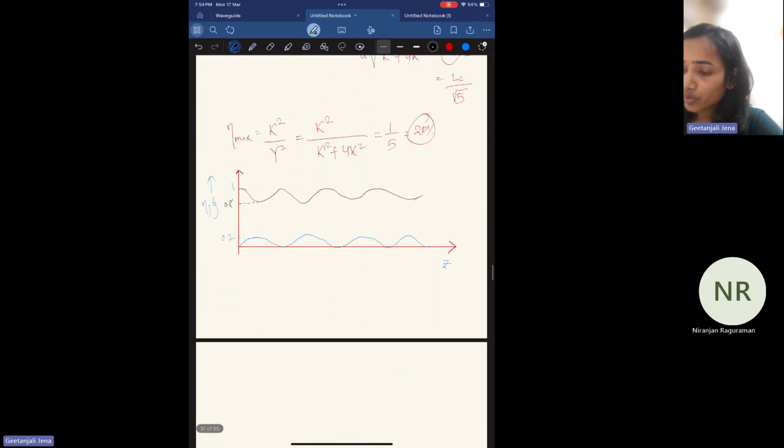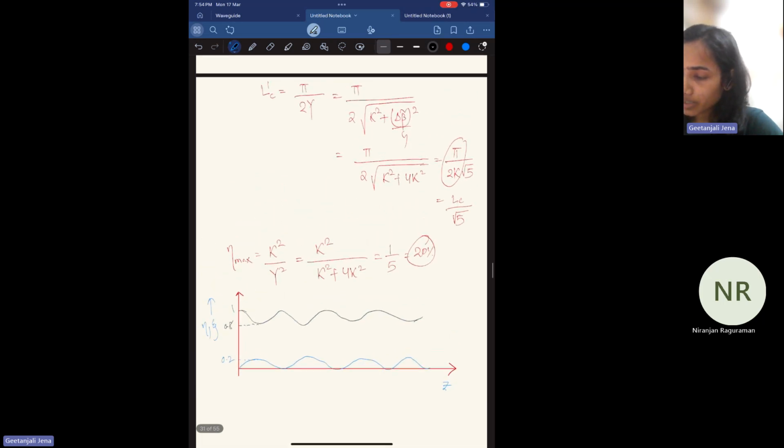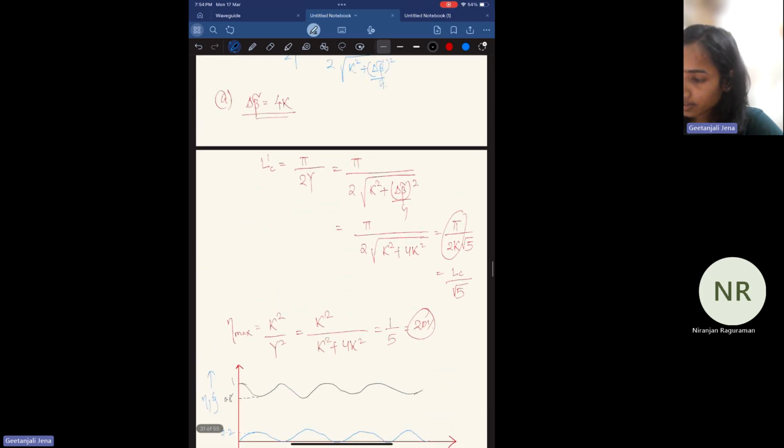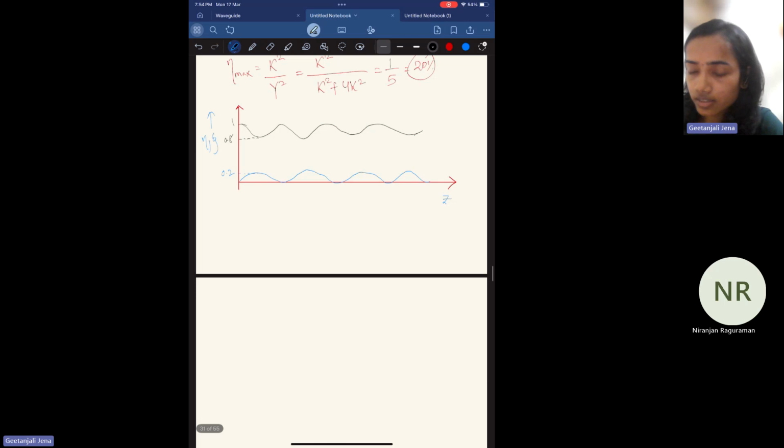Okay, so we'll see the numerical also. Numerically, this will become around LC by root over of 5. And for the second case, that is B, delta beta is root over of 12 k.